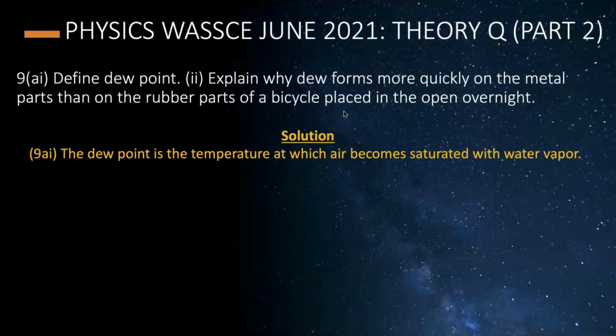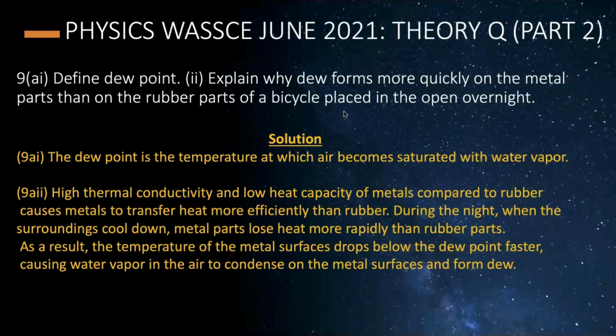Because when the air temperature drops to the dew point, the relative humidity reaches 100%, and that is saturation. And so we use dew point as an important parameter in weather forecasting. This is if you want to go all the way, but I'm just highlighting the very straightforward answer. So let's get into the next one.